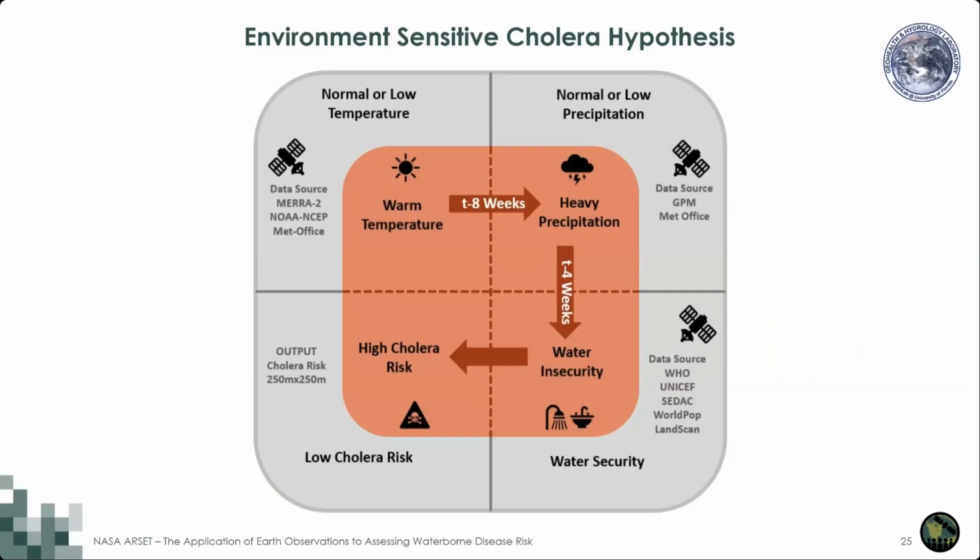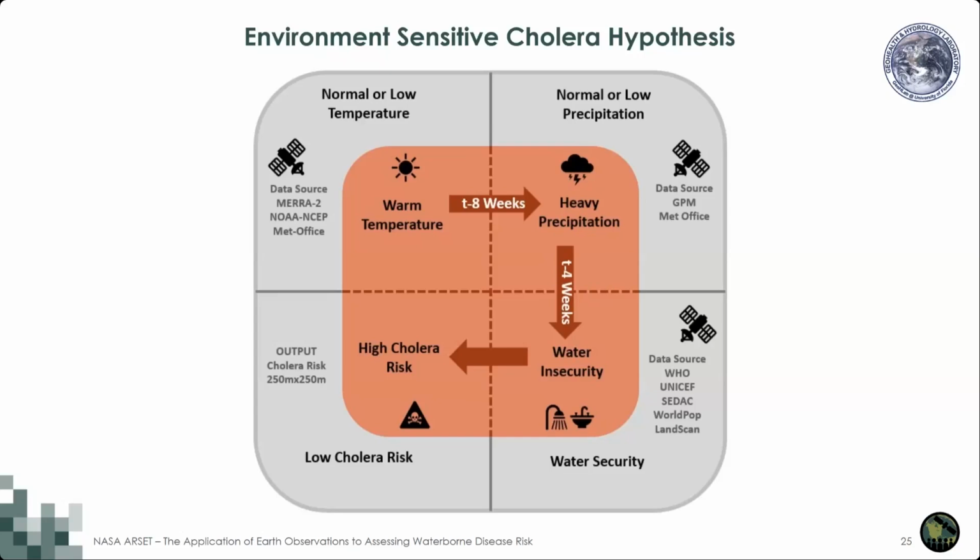Once the bacteria has proliferated in the environment due to the high temperatures, the flooding means water sources that normally would not be contaminated have a higher chance of being contaminated, getting into areas where people actually interact with their water sources more often, and it increases the chance that people will actually have an interaction with the pathogen. Again, our data sources for precipitation have generally been the GPM data sets, as well as Met Office.